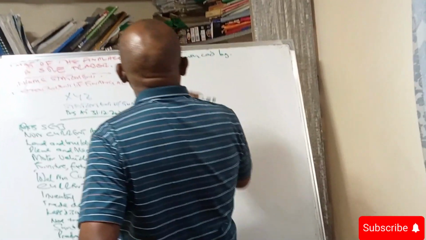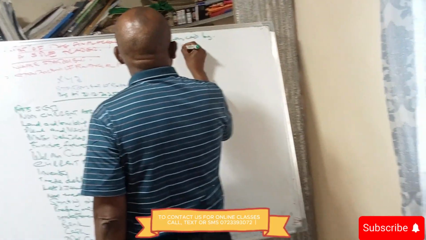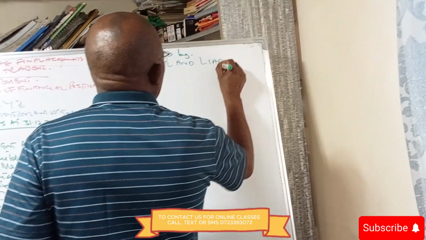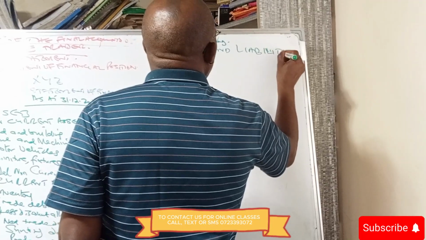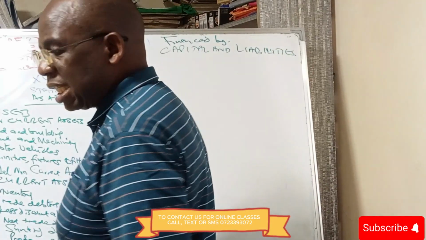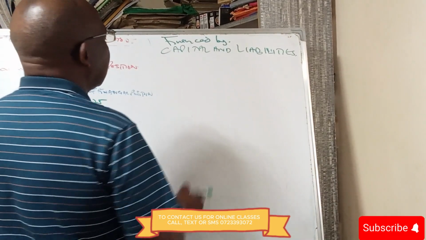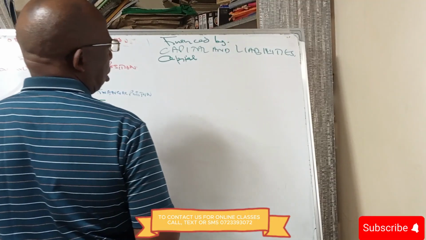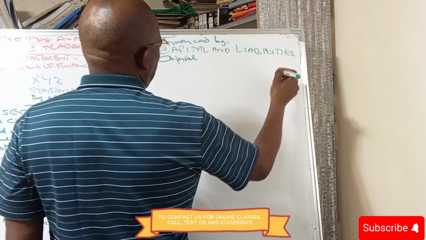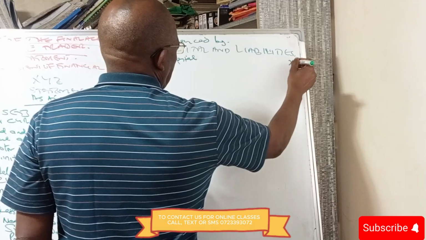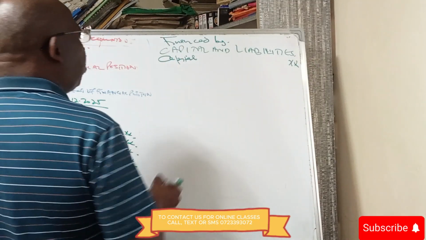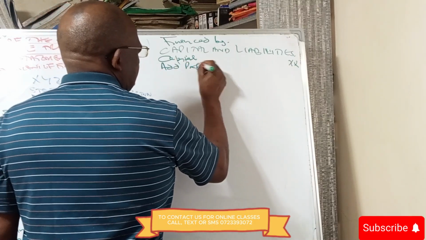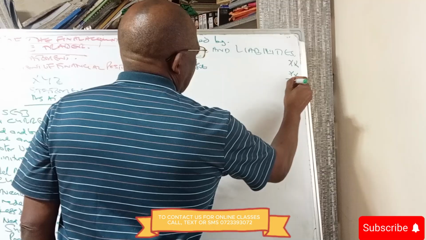And you're saying we are financed by capital and liabilities. So what are we saying? We are saying, where did we get the money to get all these assets? We got the money from capital, and some of the money came from profit.